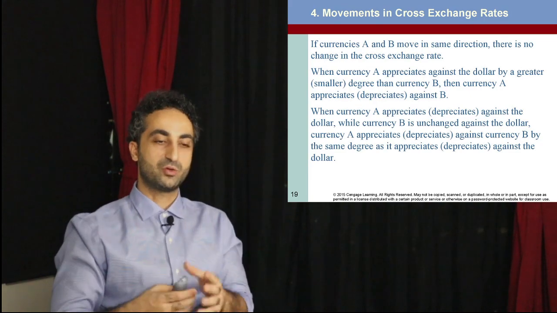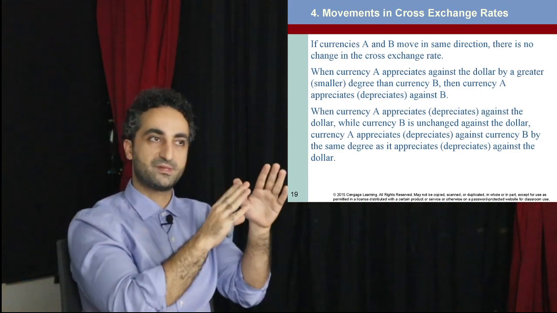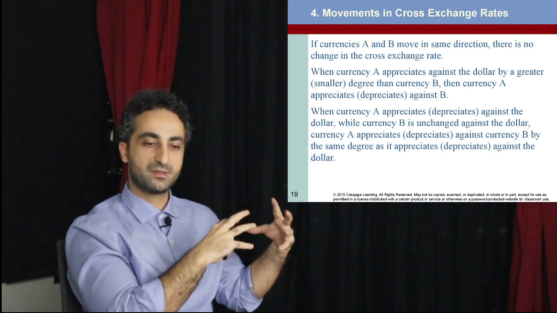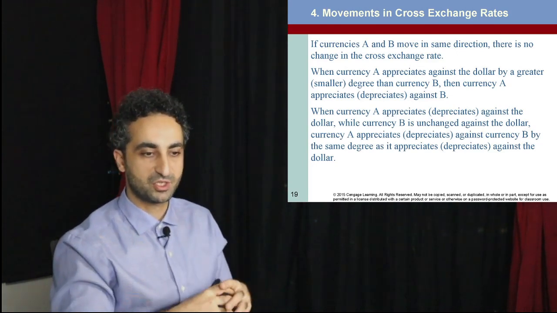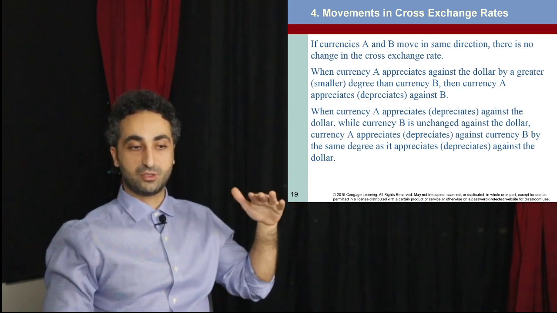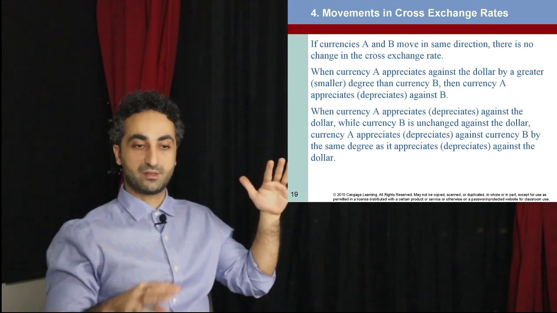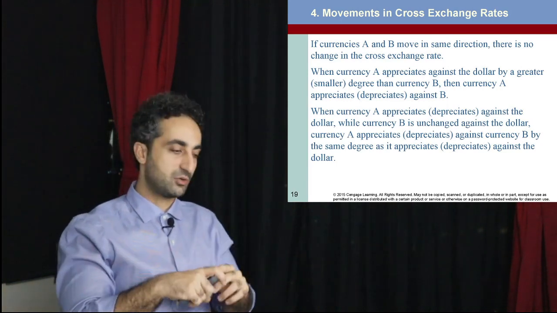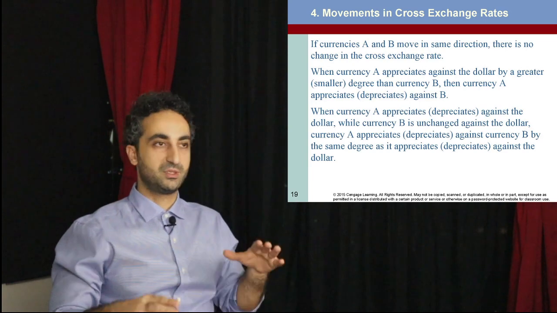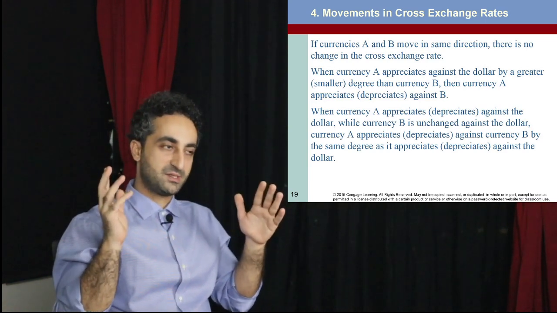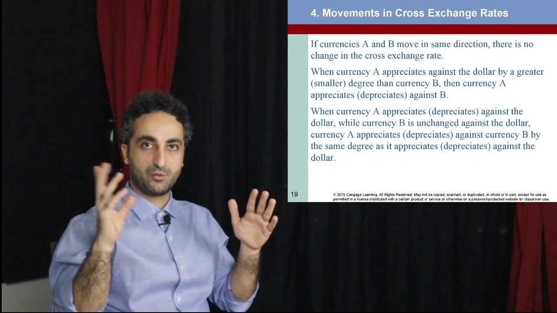Okay, so if two currencies move in the same direction, of course, this currency to that currency, there will not be much change. However, when currency A appreciates against the dollar by a greater degree than B, then currency A will appreciate against B. Okay, so let's take an example. Malaysian ringgit and let's say Singaporean dollar, our neighbors.